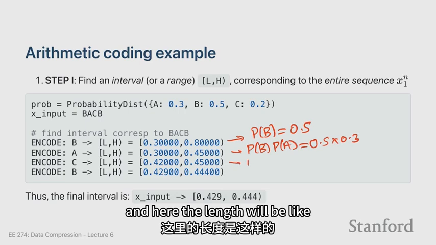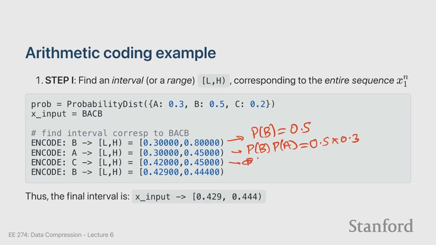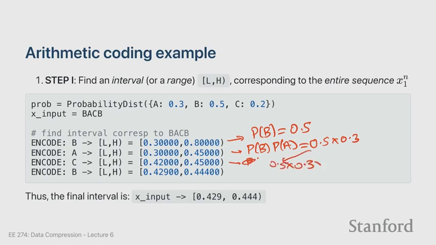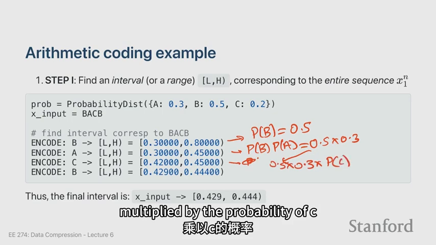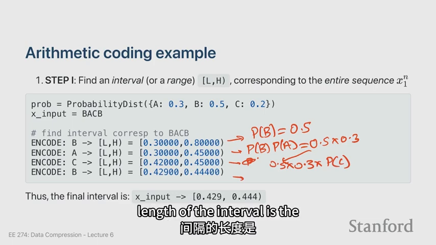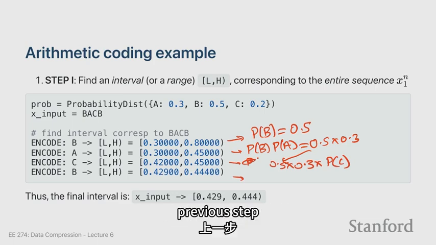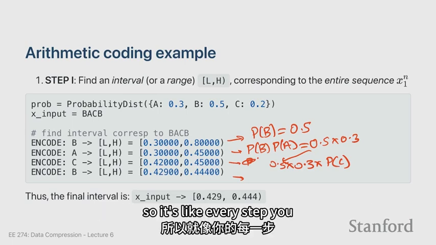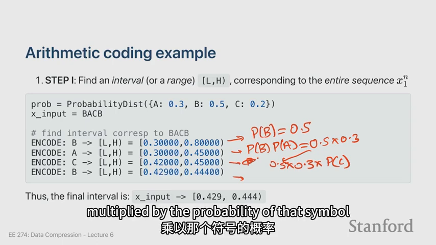And here the length will be this thing: 0.5 times 0.3 multiplied by the probability of C, and so on. So at every step, the length of the interval is the previous step's length multiplied by the probability of the current symbol.